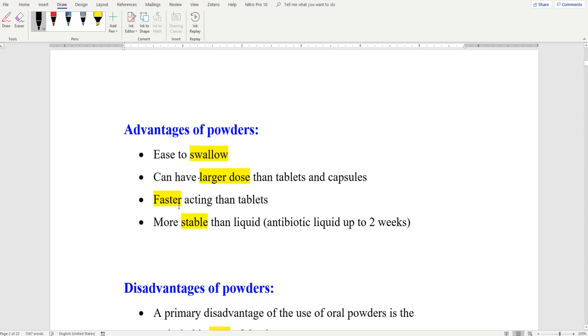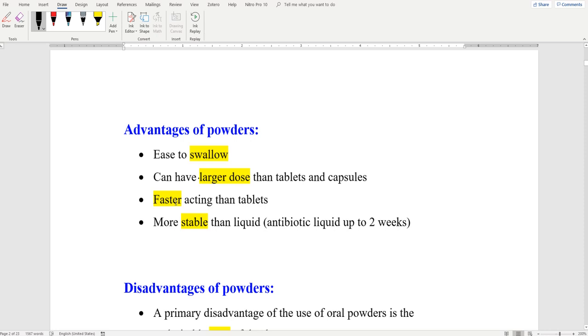The reason is that powders are finely divided particles, already divided, and this will allow them to dissolve faster in the gastric juice in the stomach. If they dissolve faster, they will be absorbed faster into the systemic circulation, the blood. They will enter the blood faster than the drug from the tablets, because tablets will take more time to dissolve and therefore longer time to get absorbed. So powders will have a faster effect.